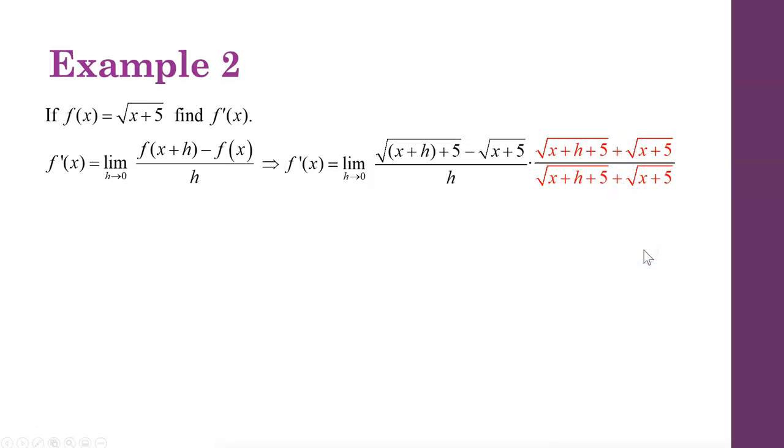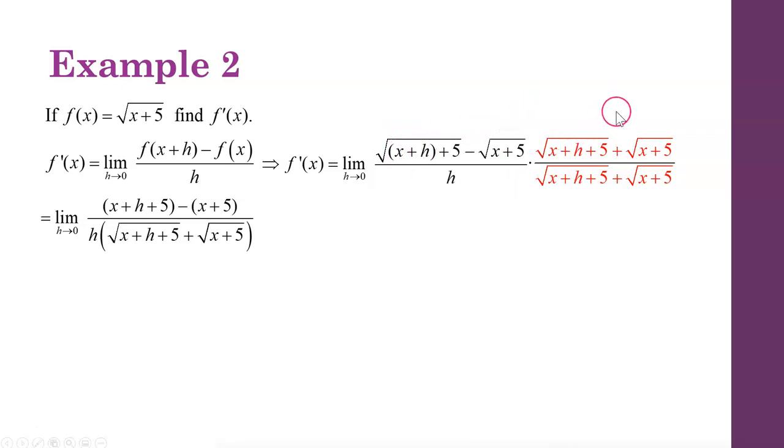So what that's going to let us do is in the numerator, when I multiply this binomial with its conjugate, the square roots go away, right? So if I multiply a minus b with a plus b, you get a squared minus b squared, so the square roots go away. And then I will again distribute the negative into the second parentheses and simplify what we have.